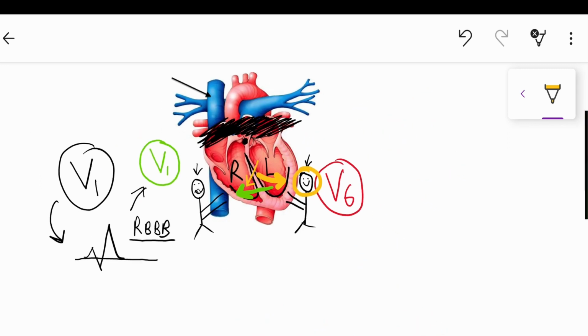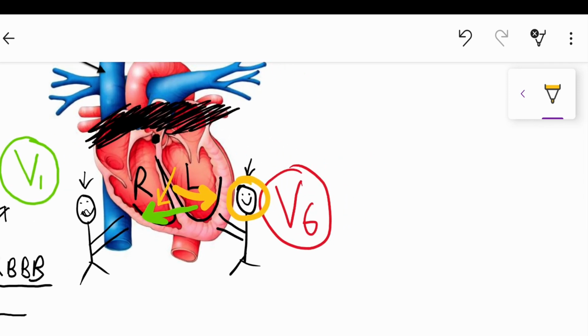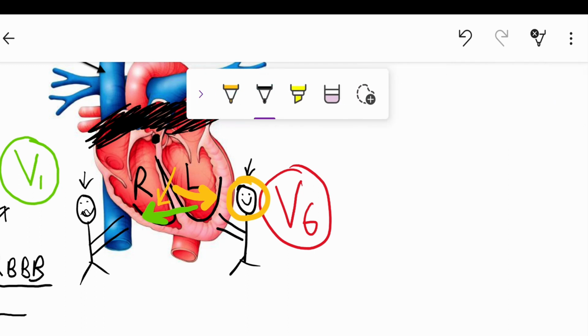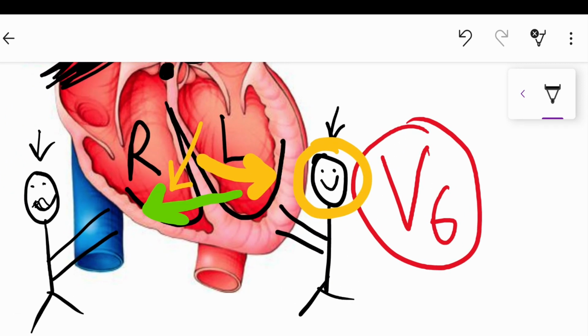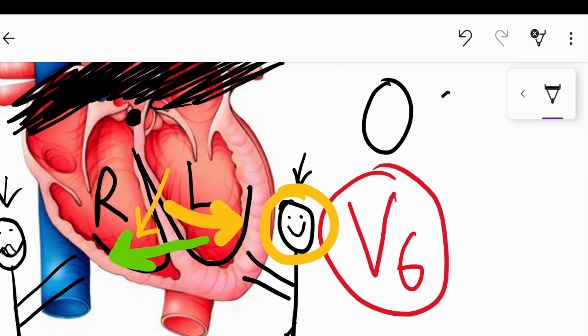Now let's focus in the perspective of V6, but we're still focusing on the right bundle branch block. Let's do the same. We still have the same movement of the impulse, but now we're focusing from the perspective of V6.